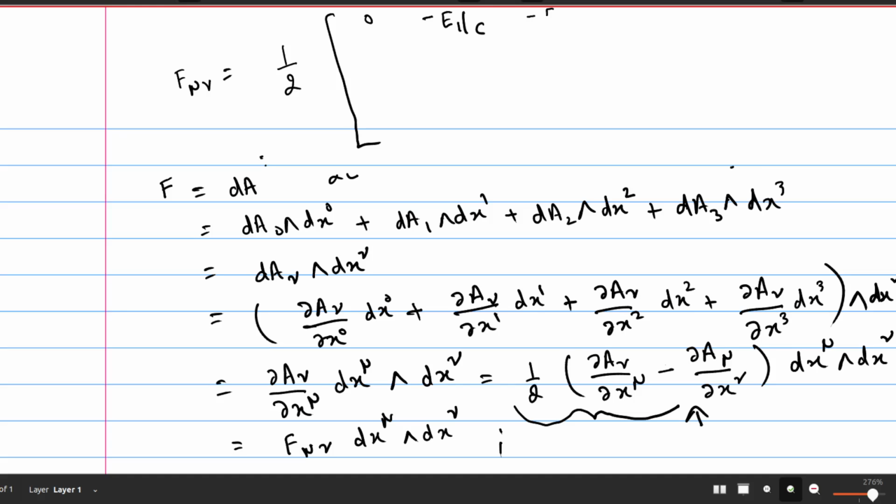F02 is minus E2 by c. F03 is minus E3 by c. F10 is E1 by c, then E2 by c, then E3 by c. F11 is 0.